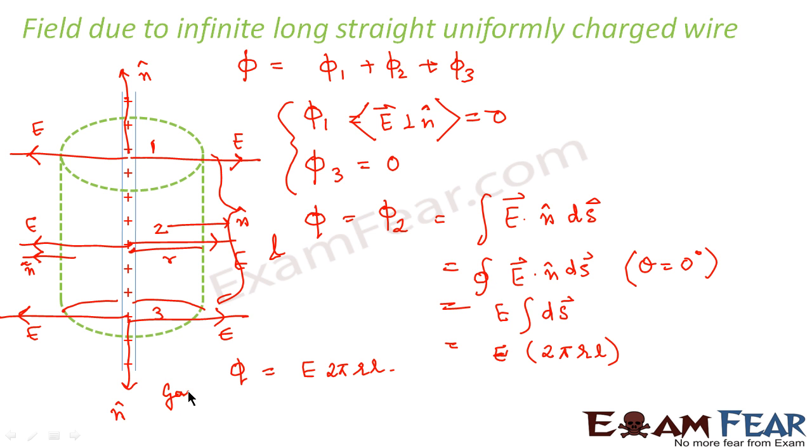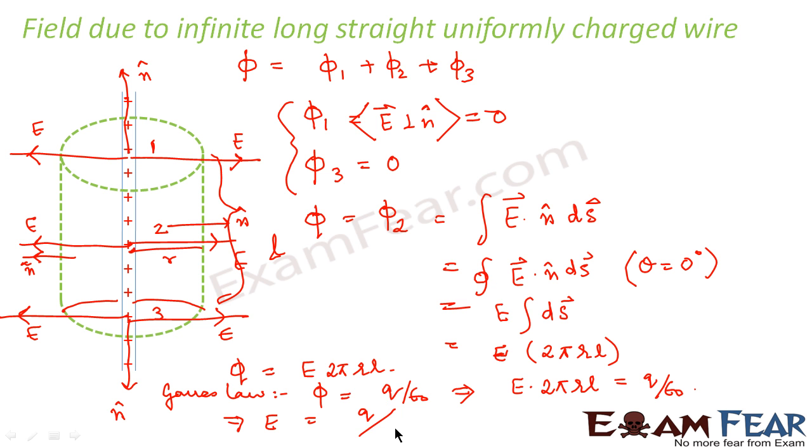Now, Gauss law states that phi should be equal to the total charge enclosed, that is Q divided by epsilon naught. So using this, we can say E into 2 pi rL is equal to Q by epsilon naught, right? So we can say electric field E is equal to Q divided by 2 pi epsilon naught rL.